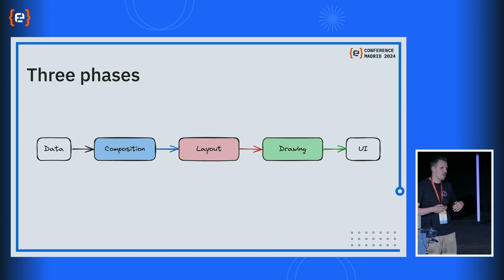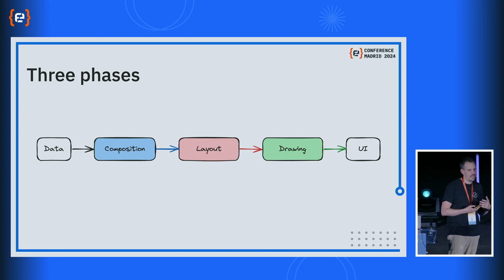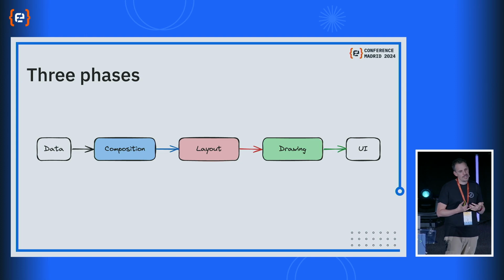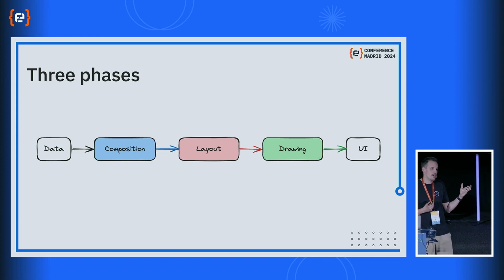But to understand how recompositions work and how it can update one part of the screen and not another, we need to also give a look at the three phases of the UI rendering.